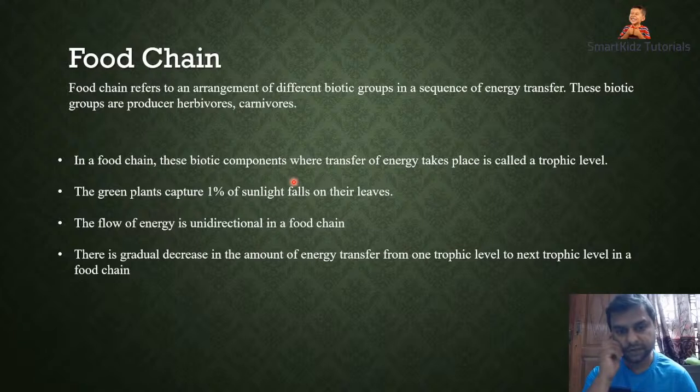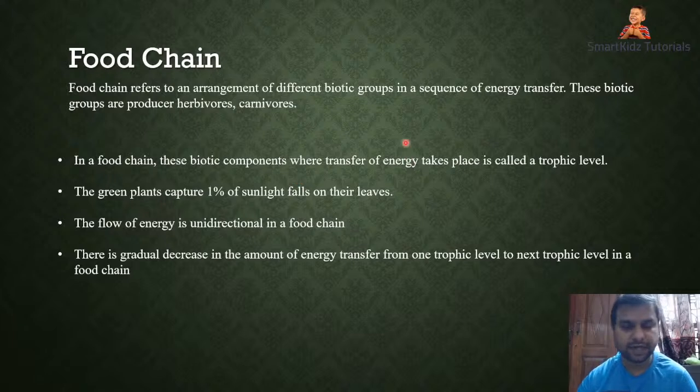However, what is also seen in this case is that when energy gets transferred from an individual lower down the food chain to an individual higher up the food chain, energy decreases.